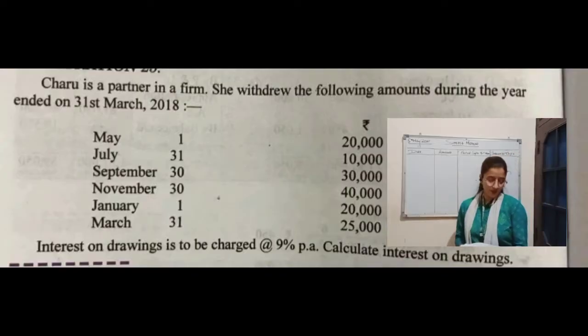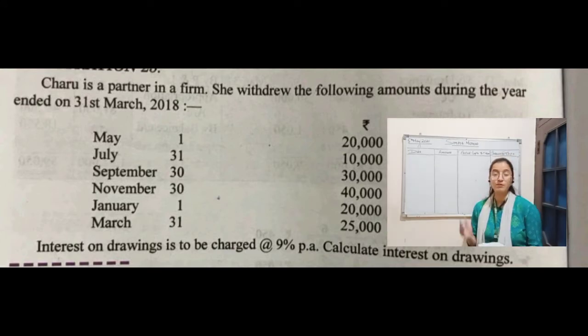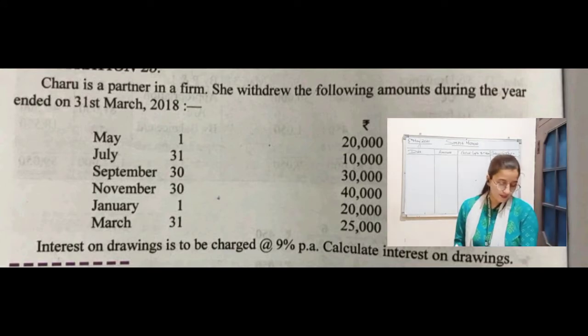Now here is the question based on calculation of interest on drawings by both the methods. Question is: Charu is a partner in a firm. She withdrew the following amounts during the year ended on 31st March 2018. First date is May 1st, amount is 20,000. Then 31st July, amount is rupees 10,000.